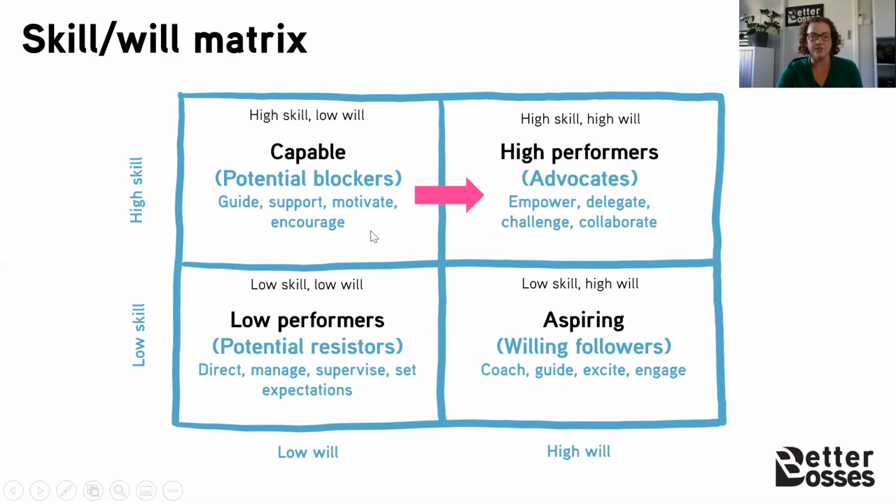So you might need to address the skill side of things and get their skill set up, or address the will side of things. Eventually, of course, you'll need to address both, but working with the individual and what's going to be the best progression for them is really important. And then you obviously want to move them into this high performers.